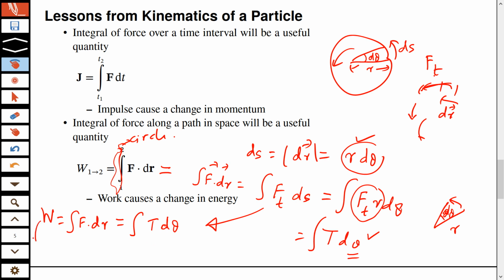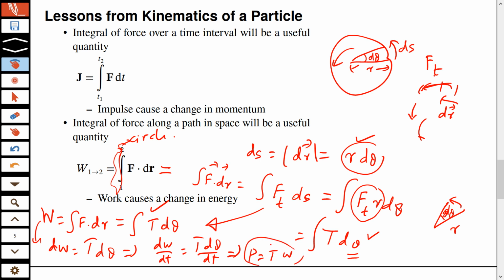And if I take the differential work, this will be T d theta. And if I now divide both by dt, that gives me power equals torque times omega. Okay, to be more precise, it is torque dot angular velocity.